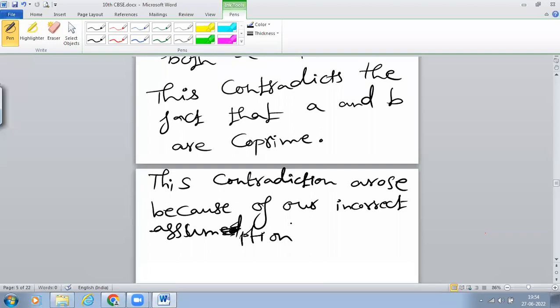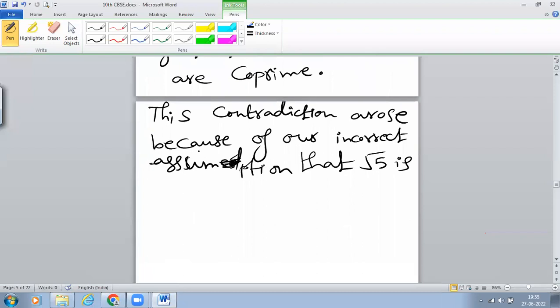We have to write that incorrect assumption also, that root 5 is rational. That is our incorrect assumption. Because of that incorrect assumption only, we have arrived at a contradiction.